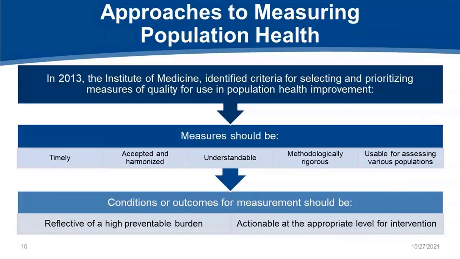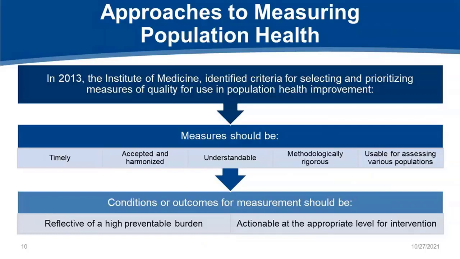So unsurprisingly, that means that measures should be timely. They should be accepted by the scientific community at large, understandable to relevant stakeholders. They should be based on strong methodology, and of course, usable for assessing the health of a given population.